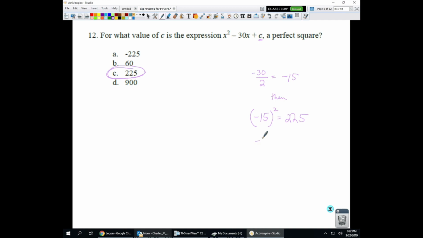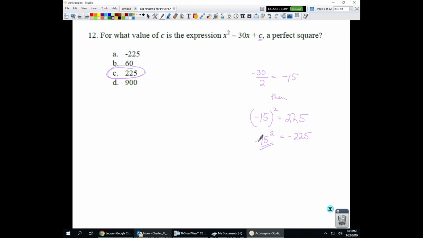Now, you might have looked at negative 15 squared, written it down like this, and if you type it in the calculator, it tells you that's negative 225. Well, that's correct. The calculator didn't make a mistake. It followed order of operations. It squared the 15 and then stuck a negative in the front.